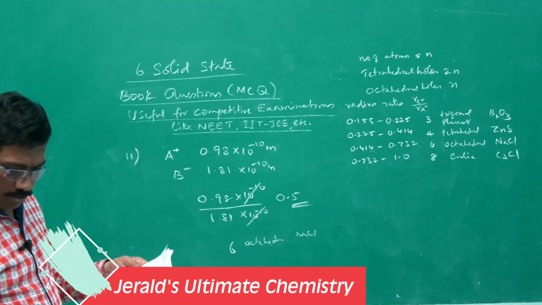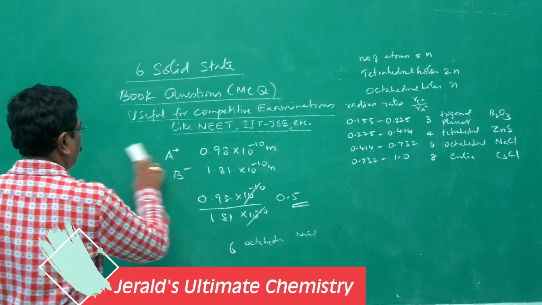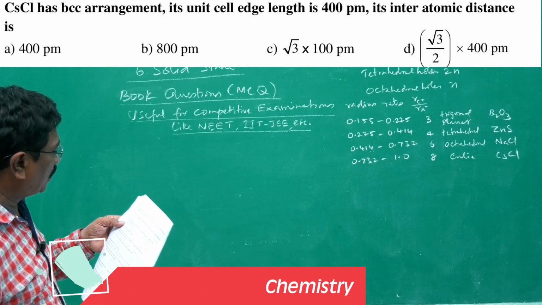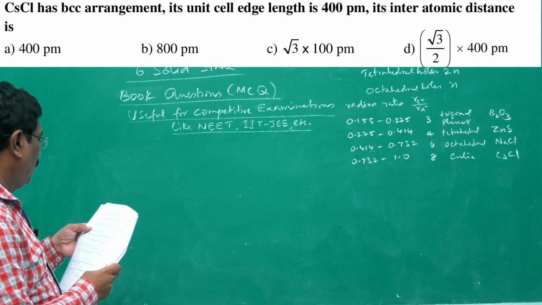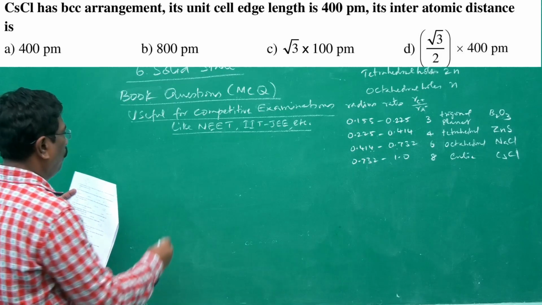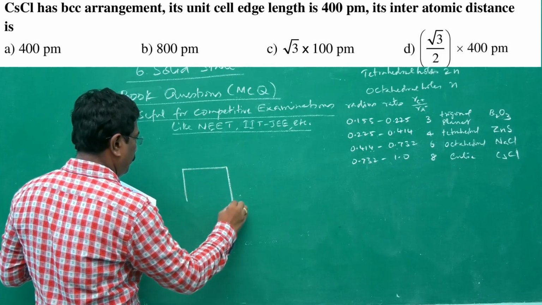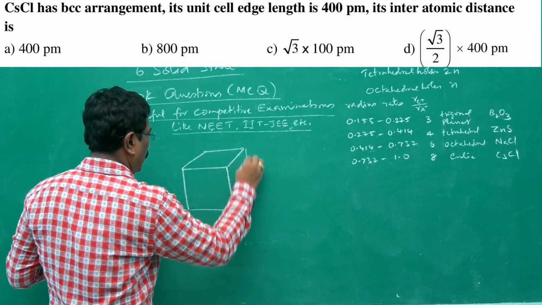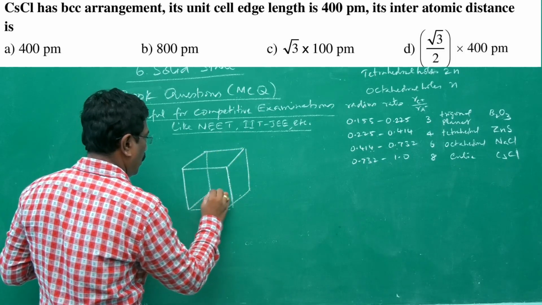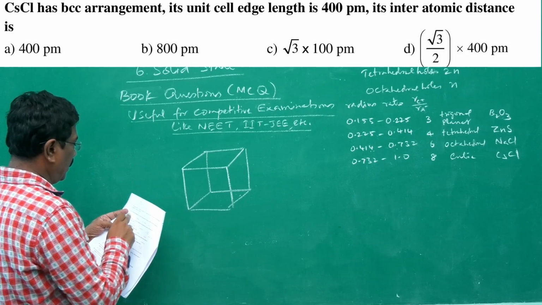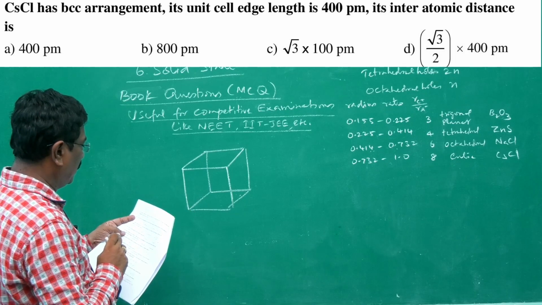Then next question, 12th question. Cesium chloride has BCC arrangement. Its unit cell edge is 400 picometer. So it is body centered cubic.